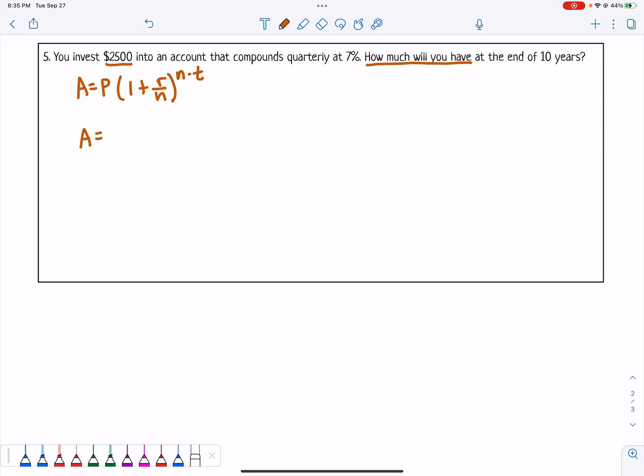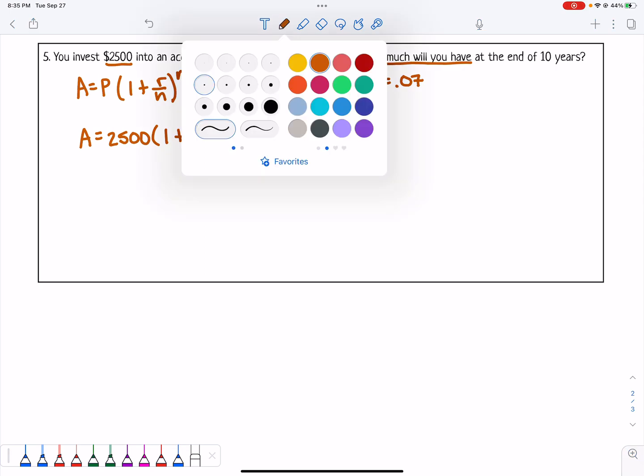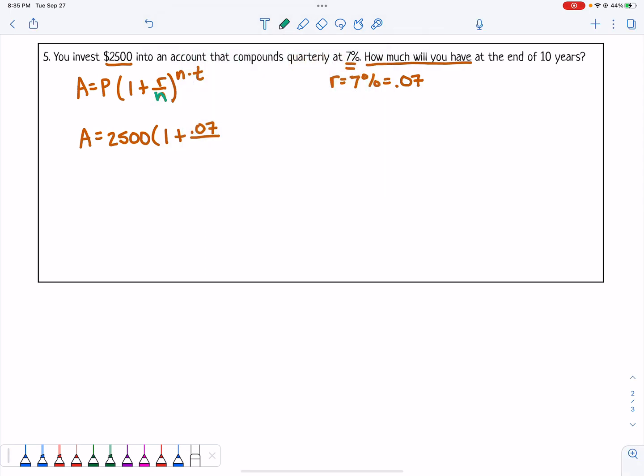The initial amount, which is P, is 2,500. And then we have 1 plus the rate, which was 7%. So we need to put 0.07 because 7% equals 0.07 as a decimal. I'll write that over there. The N is your number of times it compounds a year, and the N goes with quarterly.